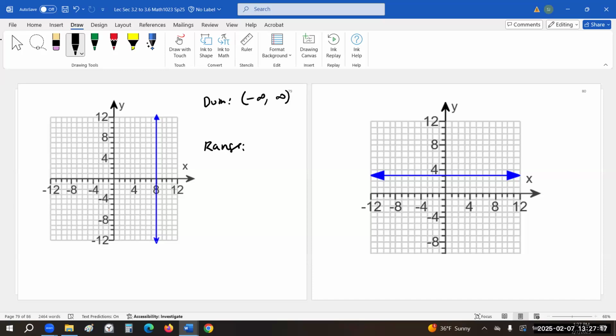Who would like to tell me whether she is correct or she is wrong? Remember, domain is x value. It's not infinity. So what's the domain?